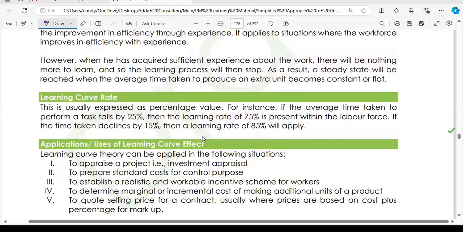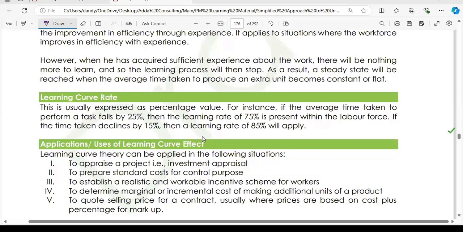The learning curve rate, of course, is usually expressed as a percentage. Say, for example, if you are told that the average time taken to perform a task will fall by 25%, it means that 75% will be applied to the labor force.